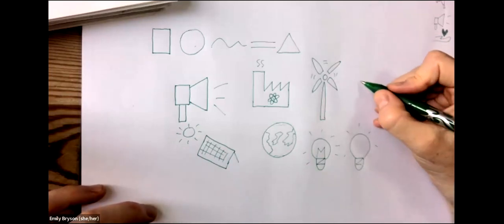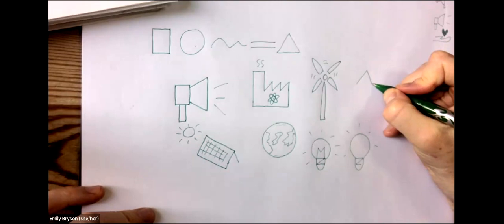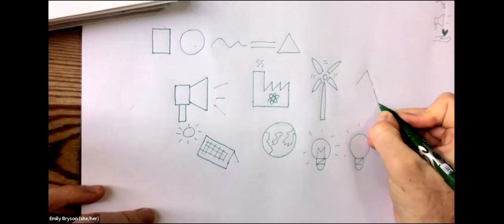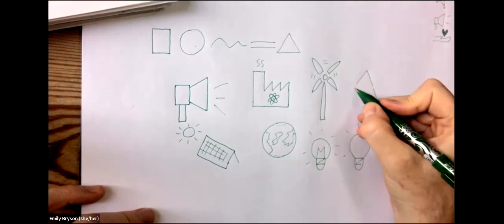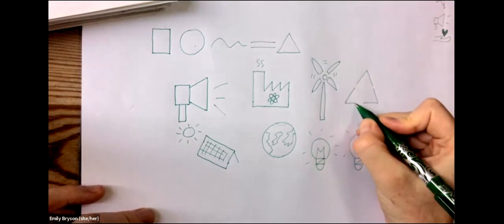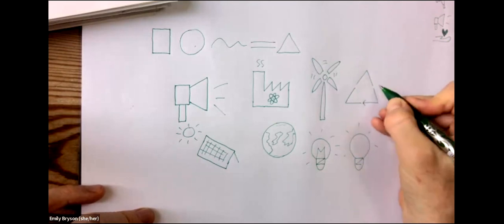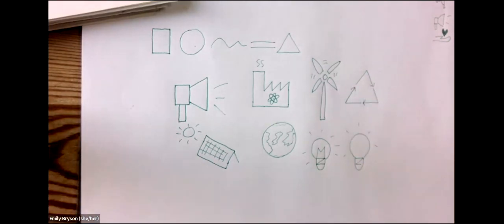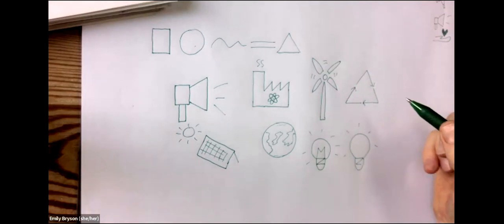The recycling, I tend to draw as much of a triangle as I can, and then go back and add the points of the arrow. And what else?